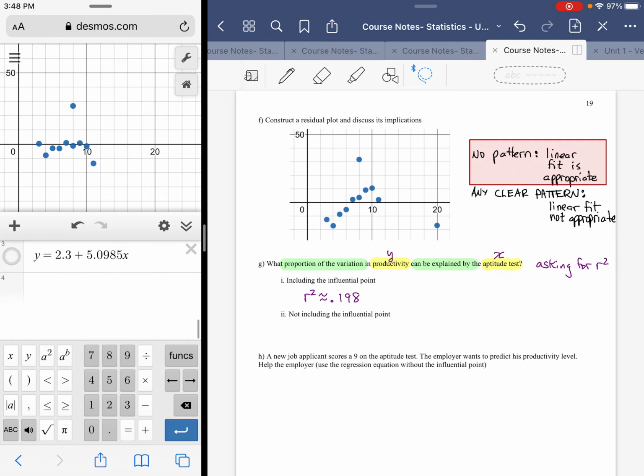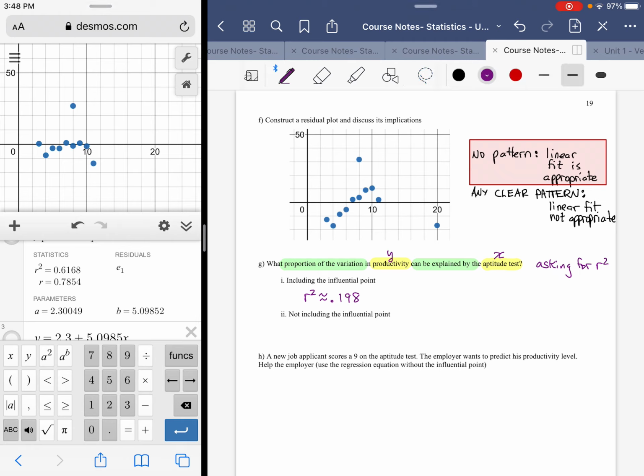Everything but the 2040 is now included in here, and now my r squared value has jumped up to about 0.617. That is a massive jump. It went from about 0.2 to 0.6 in terms of the strength of the relationship between the two variables.